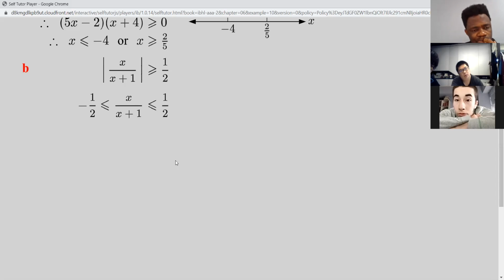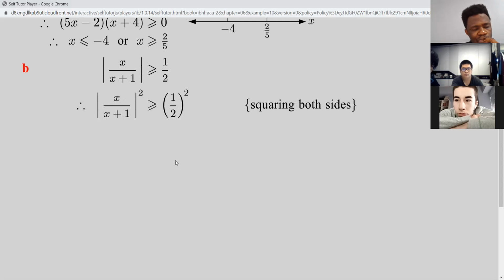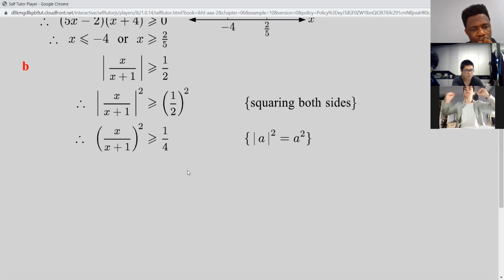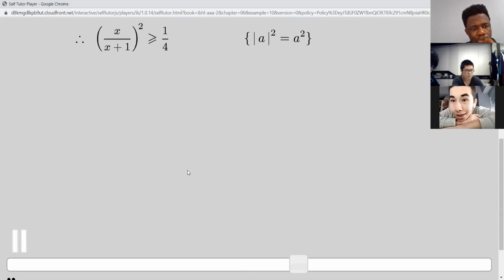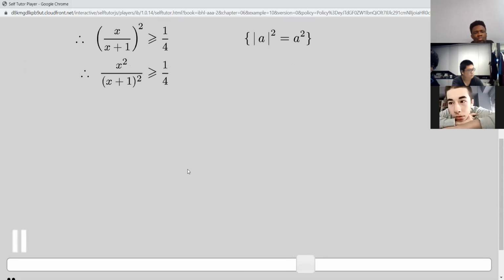The square of the size of an expression equals the square of the expression. We use the exponent law that a fraction to a power equals the numerator to the power over the denominator to the power. We can multiply both sides by 4 since 4 is positive. Since the perfect square of a real number is non-negative, we can multiply both sides by x plus 1 all squared.